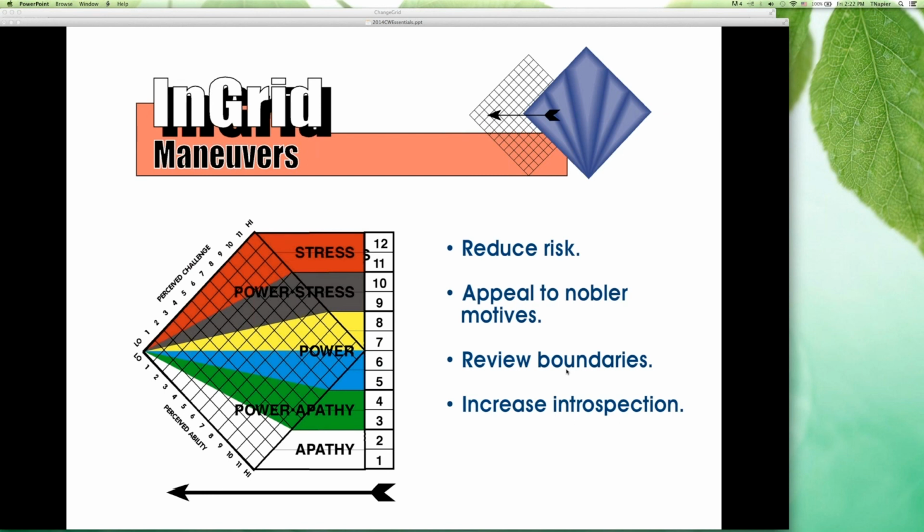And you can actually watch when you do these in-grid maneuvers. Don't be at all surprised to watch the person begin by being defensive at first because they never think they've done anything wrong. And then they will start to appear as though they are the victim. People don't understand them. That wasn't their intention. Don't people get what we're trying to do?